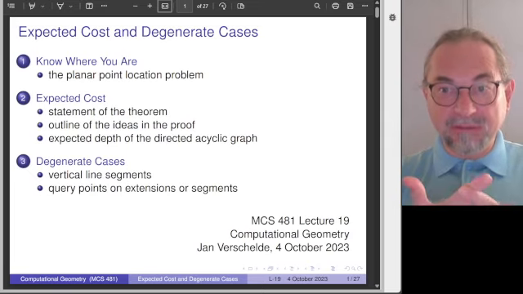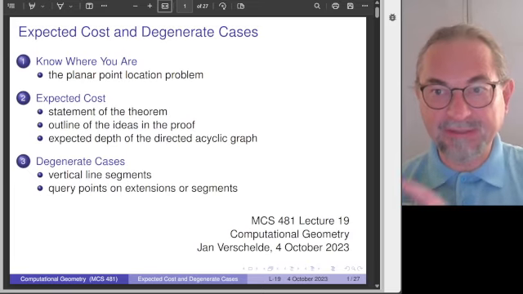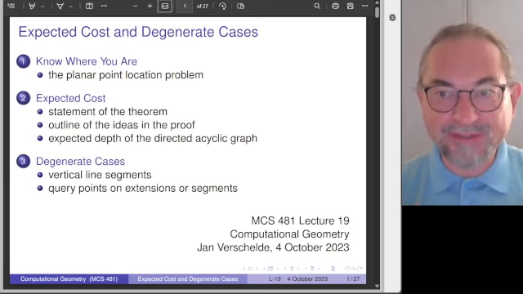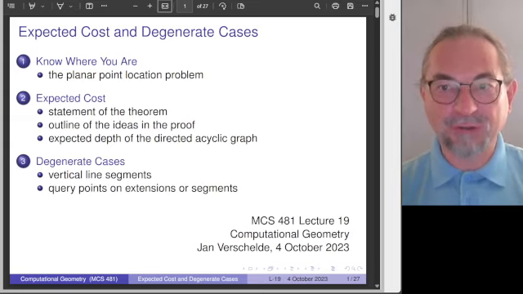In this sequence of lectures, 17, 18, and 19, we are considering the important problem to locate oneself on a map.